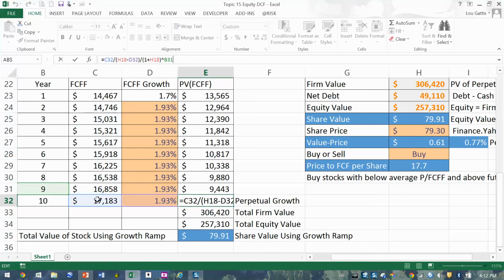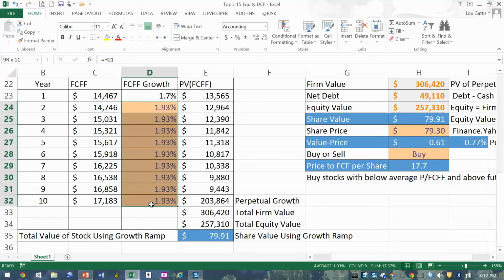It takes this cash flow over WACC minus constant growth rate 1.93, get a total firm value, subtract debt divided by number of shares, and I get back to the same value. So it doesn't matter whether I start the constant growth perpetuity next year or then have that constant growth for 10 years, then do the growth perpetuity formula again, because I'm going to take the present value back to today.